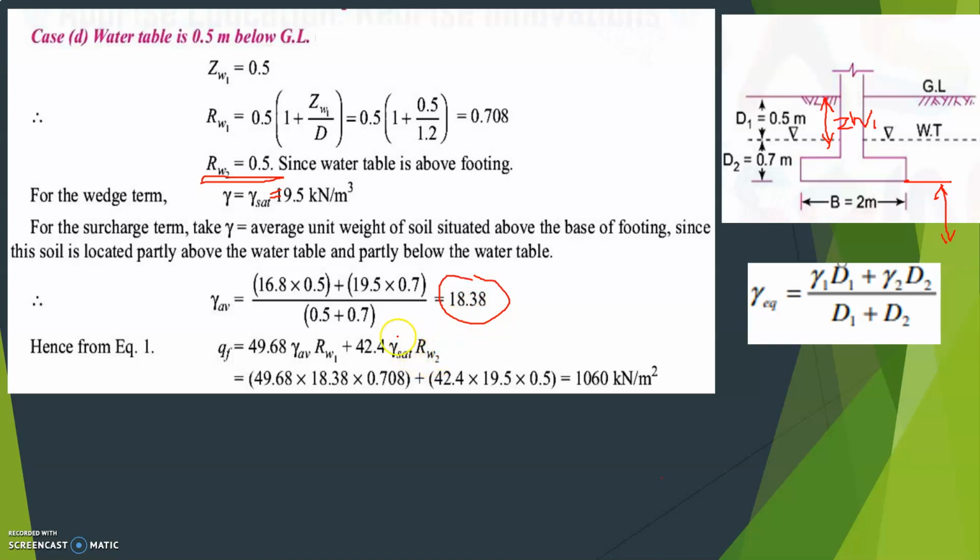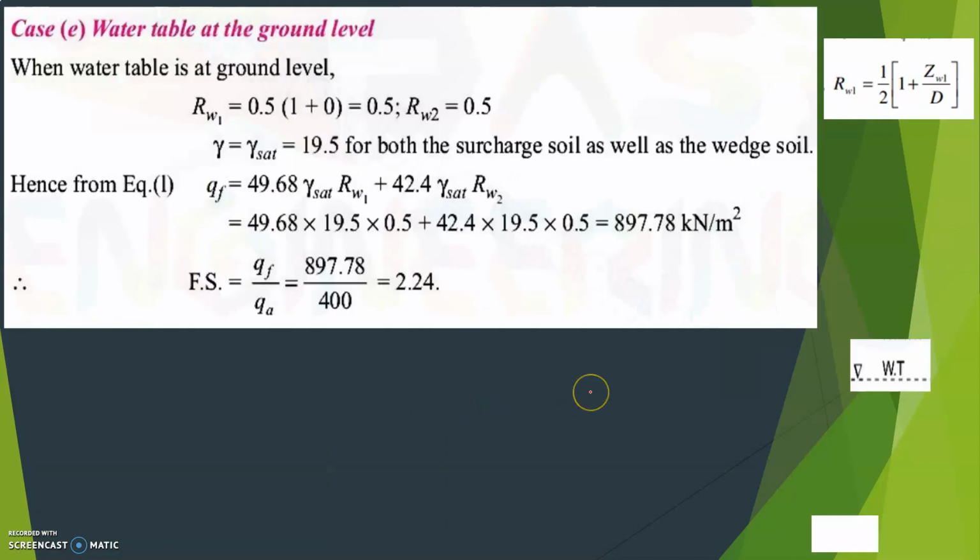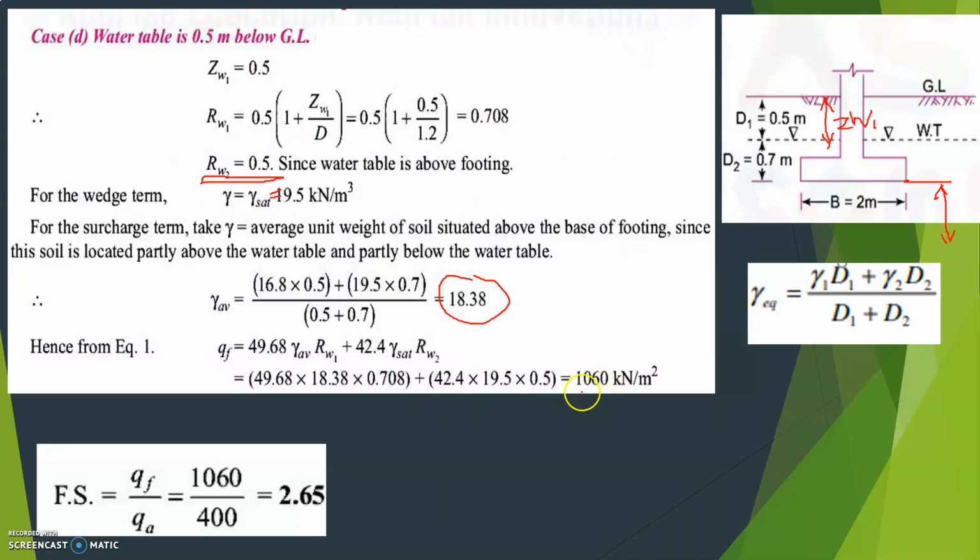Substitute that in the second term, that means in the wedge term. So substituting in the equation, you will get the ultimate bearing capacity Q ultimate equal to 1060 kilonewton per meter square. So you can calculate the factor of safety, that is equal to QF divided by QA.